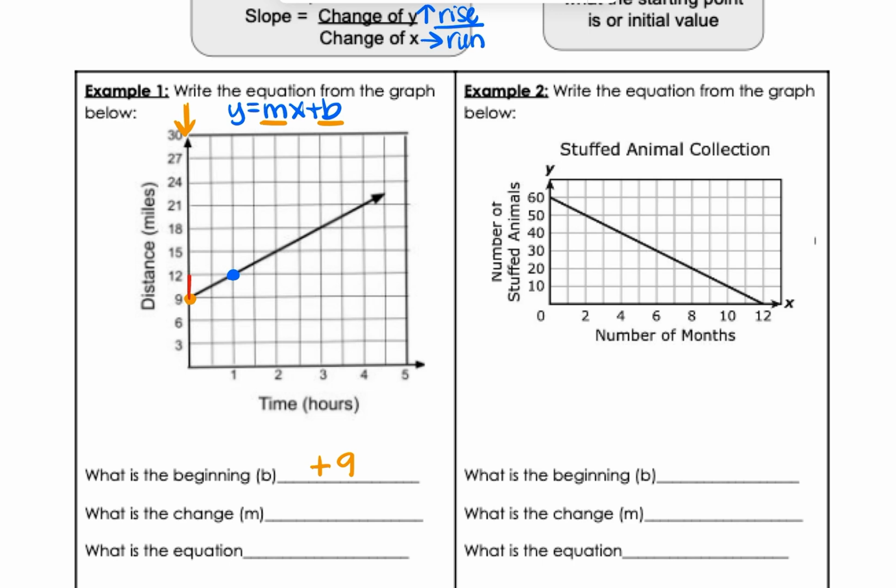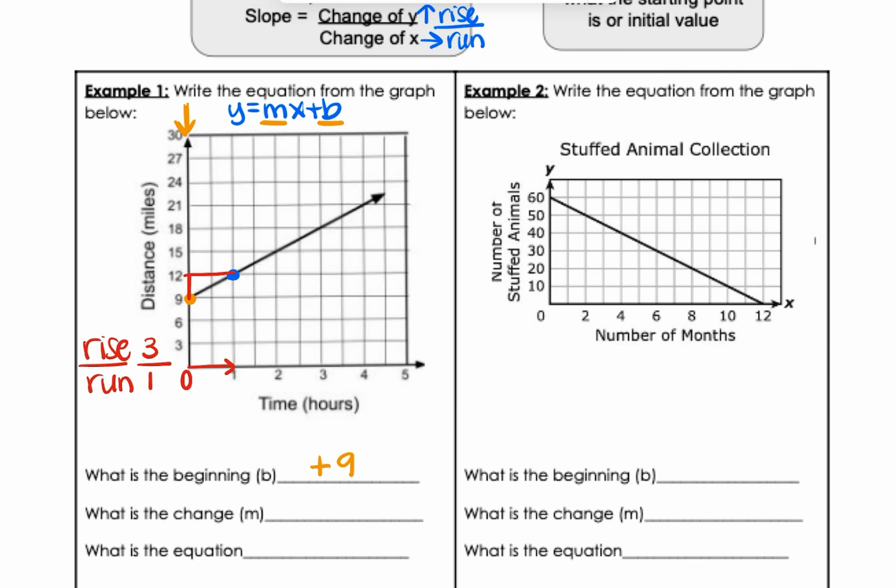Well, this is not 1 because we went from 9 to 12. So how much did we rise? Well, we rose 3. And it was positive 3 because I went up. And then how much did we run? Well, I went from here to here, and that is from 0 to 1, right? 0 to 1 is how far I ran, and so that's just going to be a 1.